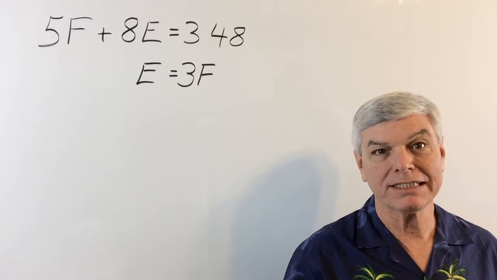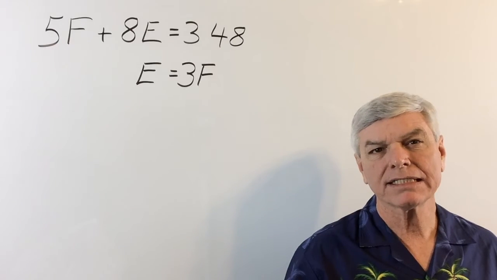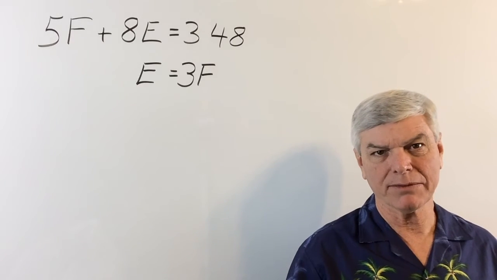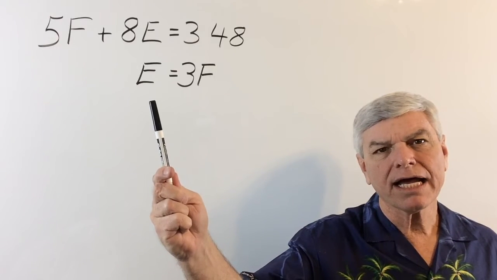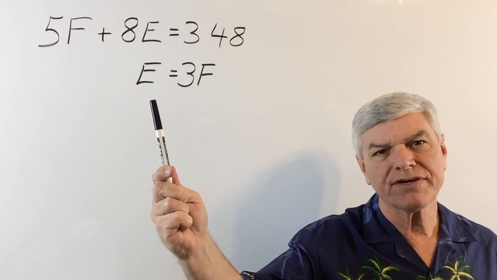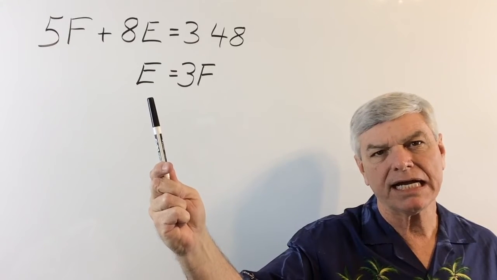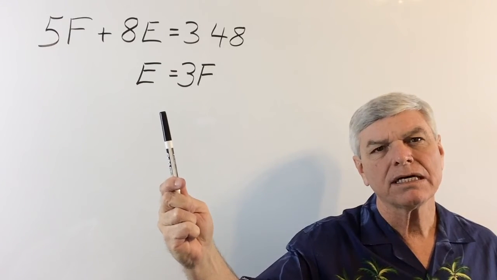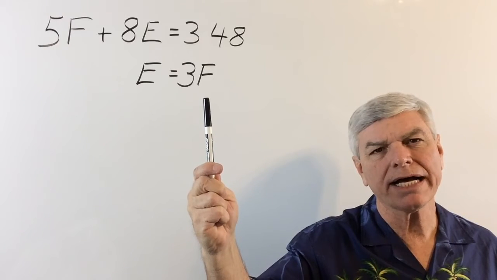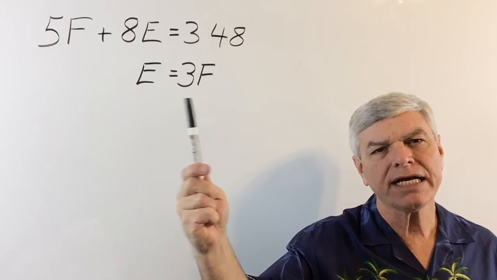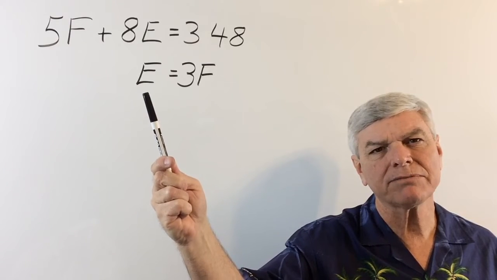Is that confusing? Well, if it is, play with some numbers. I always like to play with numbers. If E was 15 8-cent stamps, well then 5-cent stamps would have to be 5, right? 15, 5, we have 3 times as many of that.